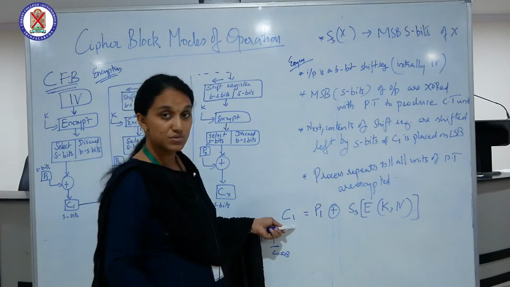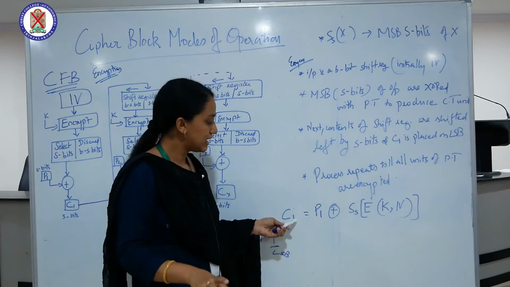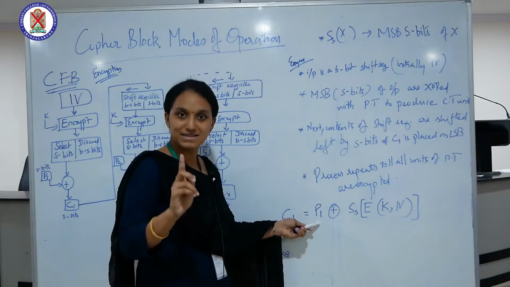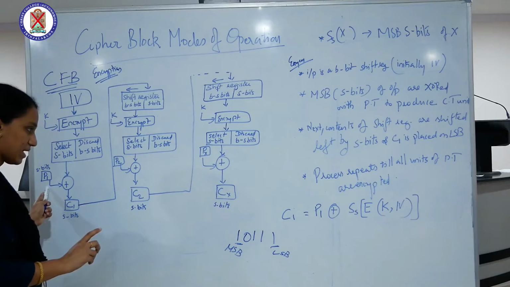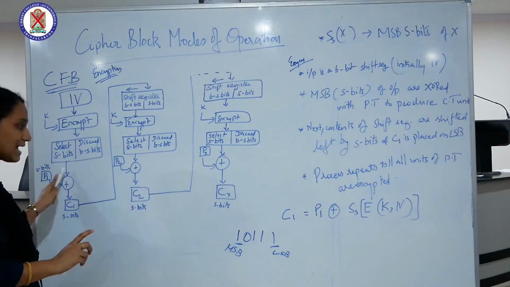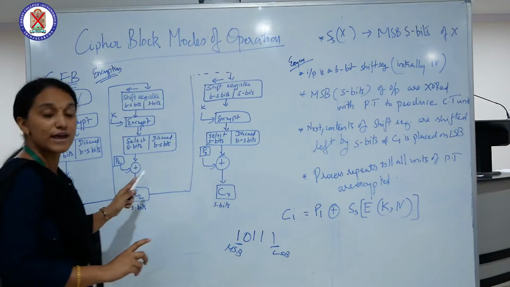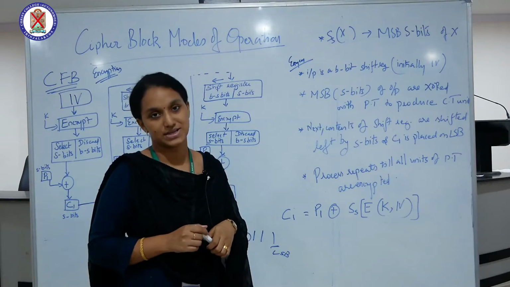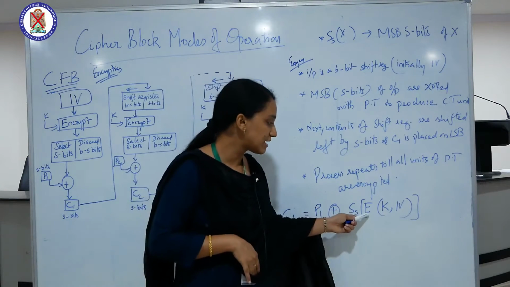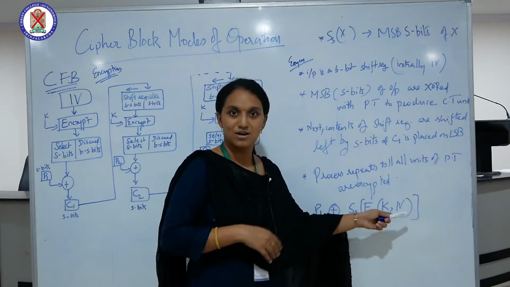So I have written C1, for the first unit, is equal to plain text 1 XOR the SS of encryption K, comma, initialization vector. Because all this time we have been writing encryption of K, comma, X or something like that.